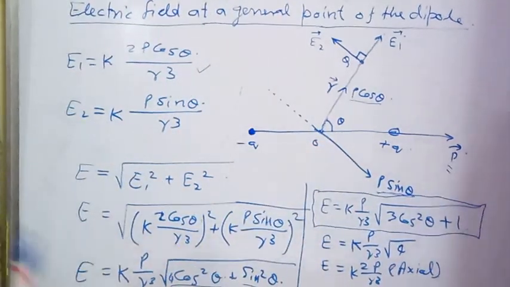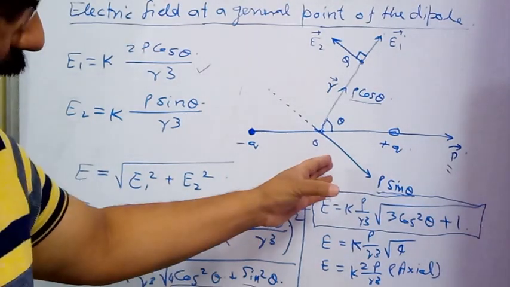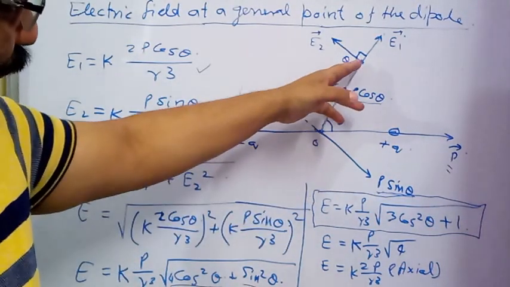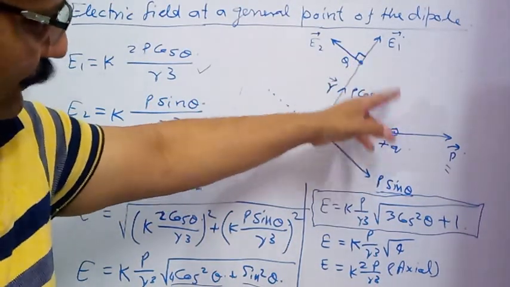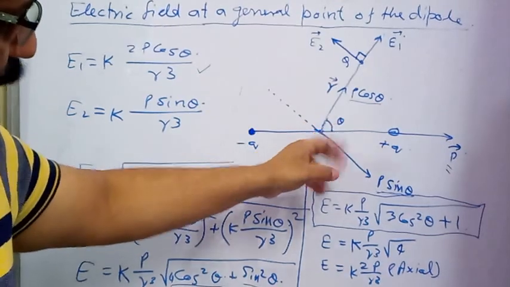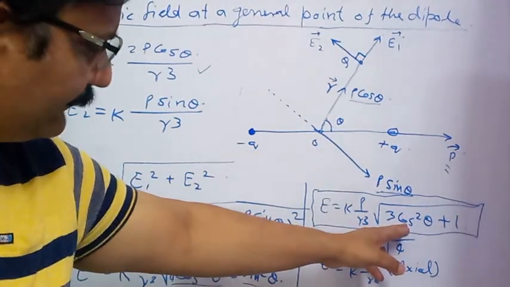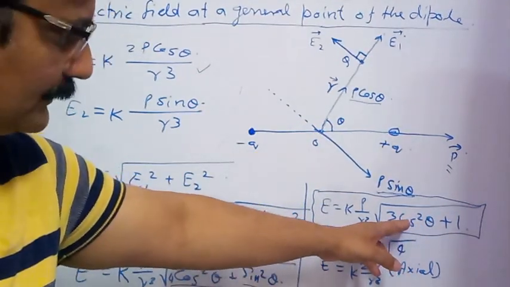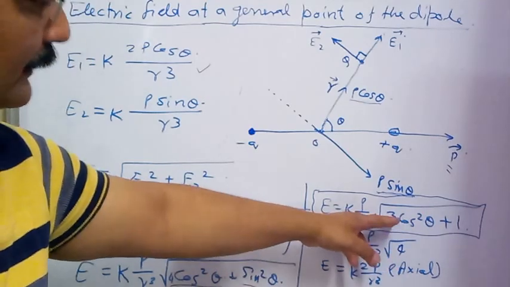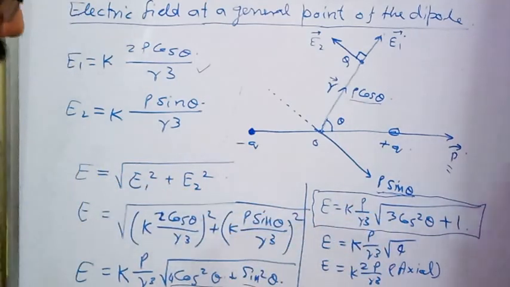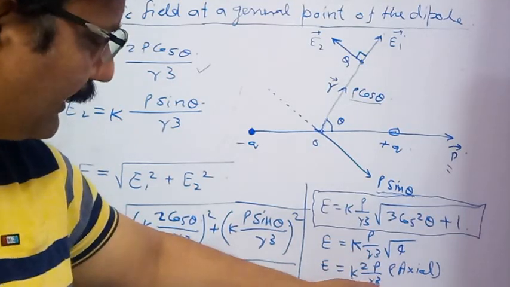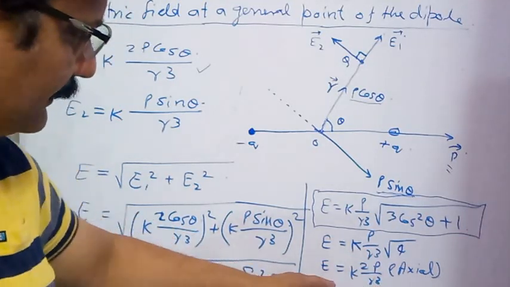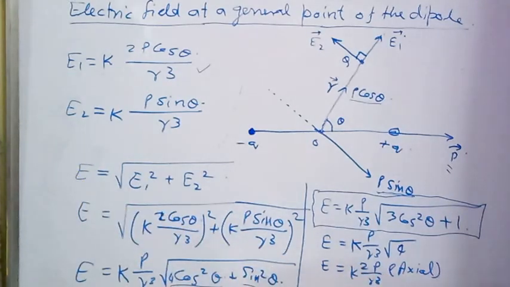But this formula is also applicable to the previous two cases. If the dipole is ideal and point Q is on the axial position of the dipole, in that condition the value of theta is going to be 0 and cos squared theta becomes 1, and the expression remains K 2P by r cubed, again the electric field on the axial position of the dipole.